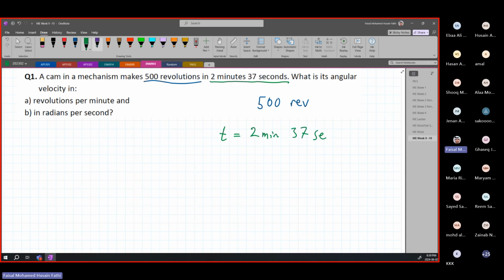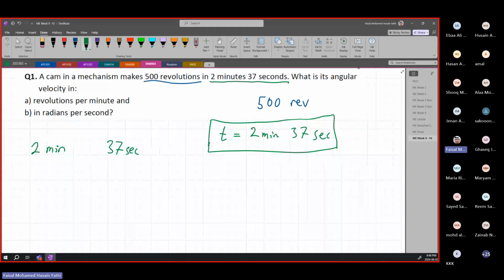It's not saying it's making 500 revolutions per minute anymore. It is talking about 2 minutes and 37 seconds. So the first thing here, before even solving this question, I need to convert this completely into minutes. How do I do that? 2 minutes is already in minutes. 37 seconds, how do I convert this into minutes? 1 minute is 60 seconds, or in other words, 37 over 60.